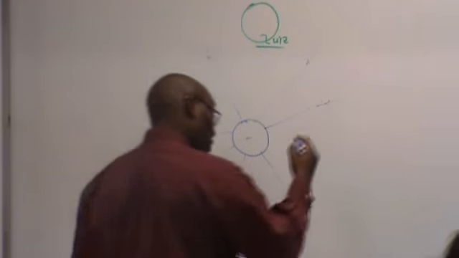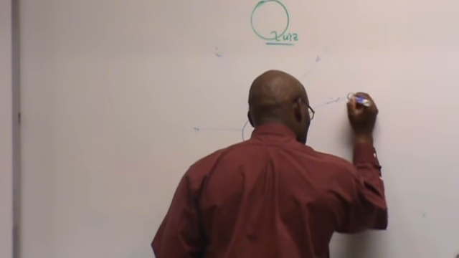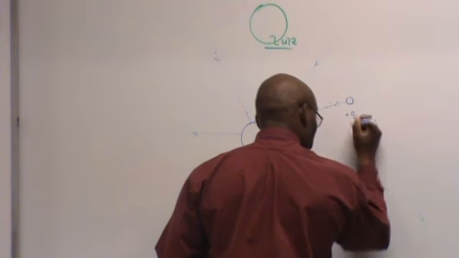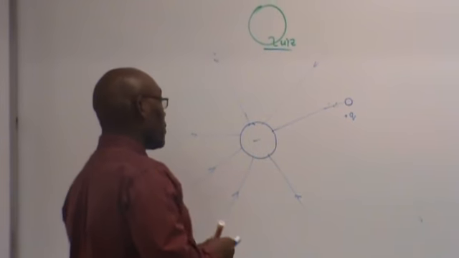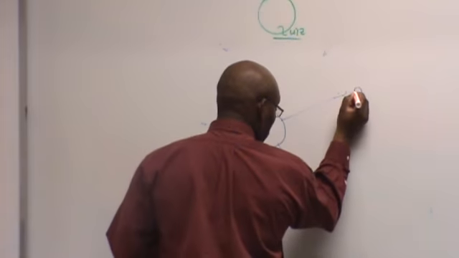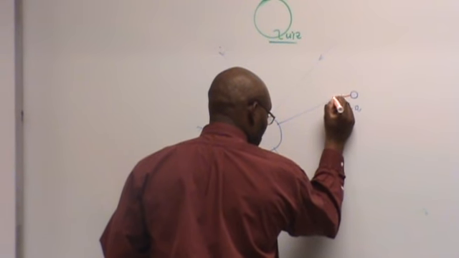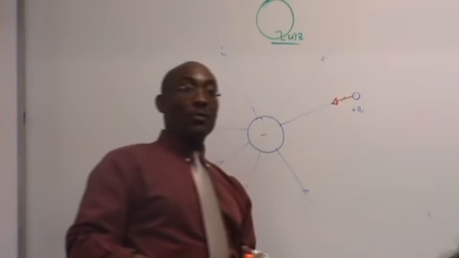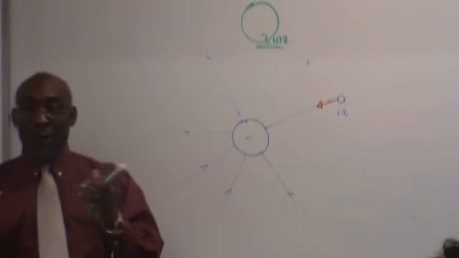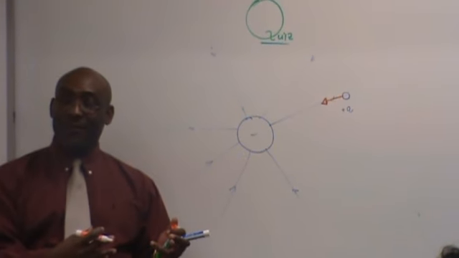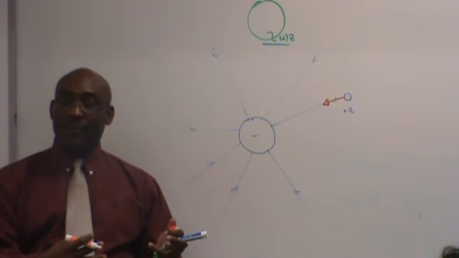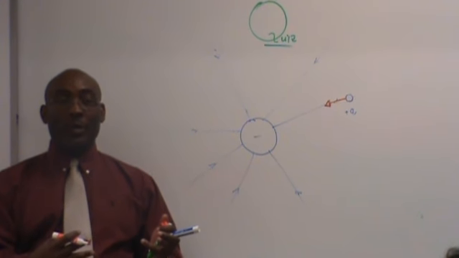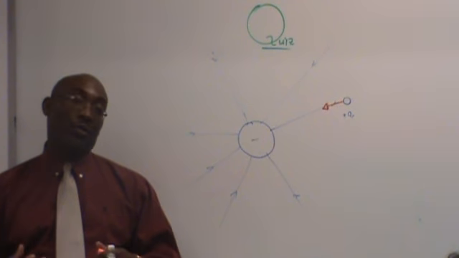And so if I put the same charge right here, and it's positive, then it's going to experience a force going that way, and if it's negative, it's going to experience a force going the other way. You follow me? So that force comes from the field. So that's what we're doing. We're defining this thing called an electric field.